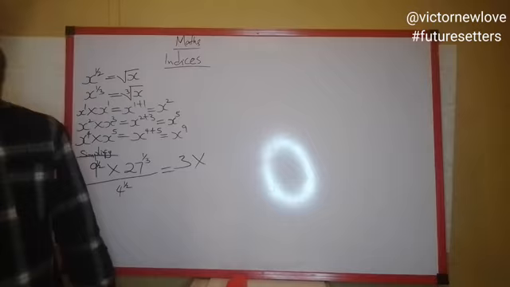We have 160x square plus 9, because the square root of 81 is what? 9. The square root of x raised to power 4 is x square times x square, because x raised to power 2 plus 2 gives us x raised to power what? 4. So this will give us x square. And this will give us equal to 169, because 160 plus 9 is 169x square.